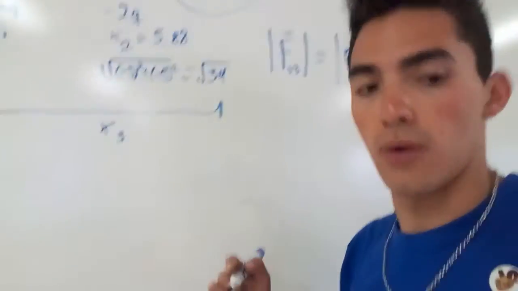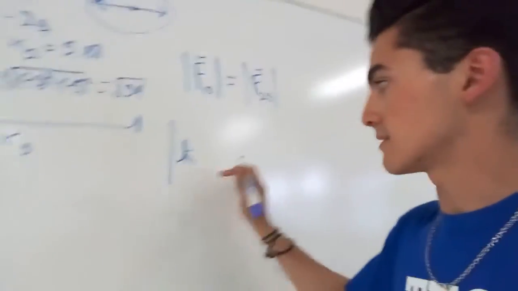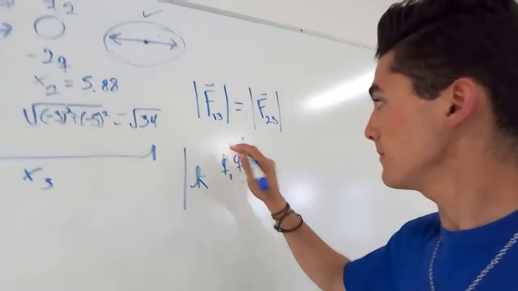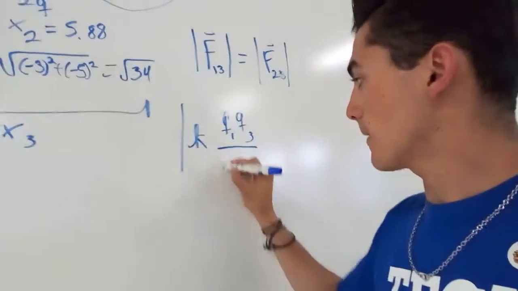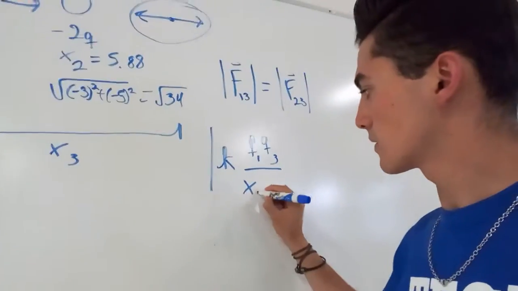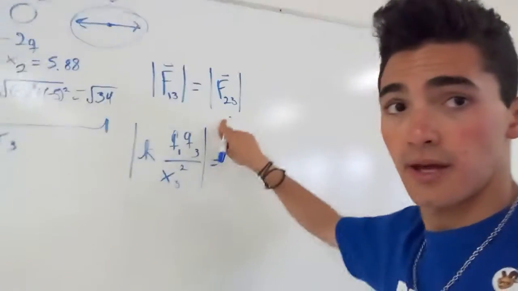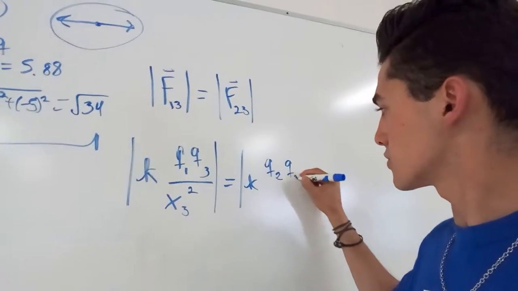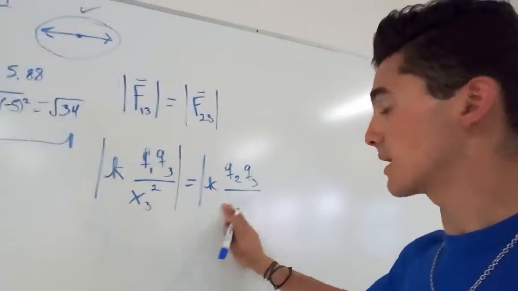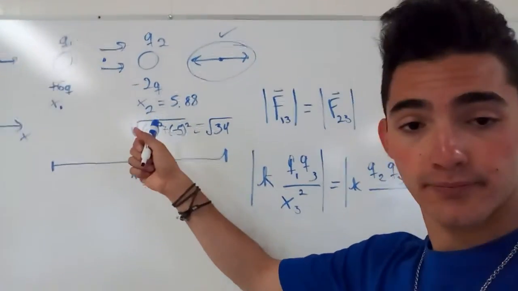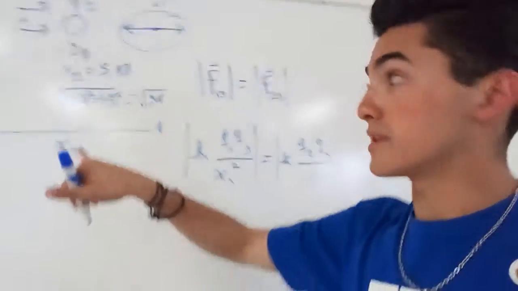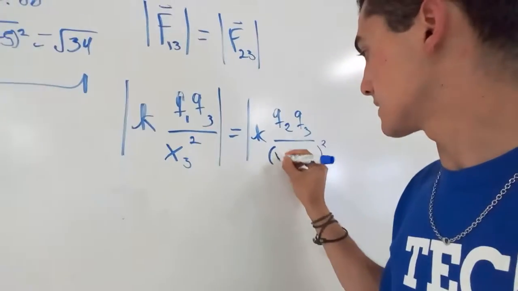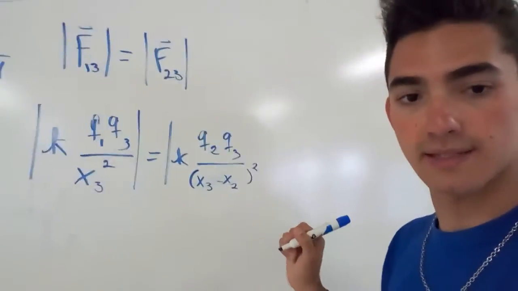For doing this, we know Coulomb's law: our Coulomb constant times the charge 1 times the charge 3, over the distance from 1 to 3 squared, has to be equal to our Coulomb constant times the charge 2, the charge 3, over, here it will be different, because we know the distance in 2, but we don't know the distance in 3, so we will have to put the square of the distance in 3 minus the distance in 2.